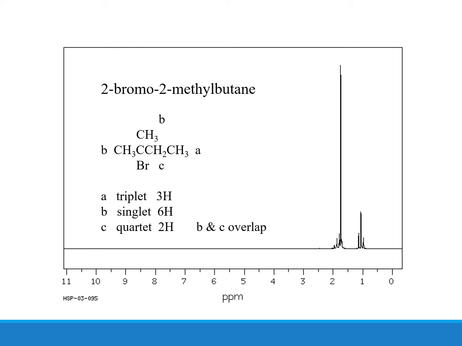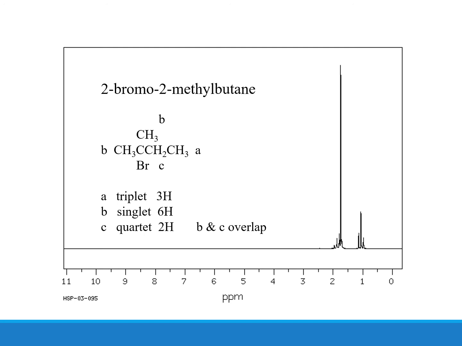So for instance, the first terminal methyl group is neighbored by two hydrogen atoms, and it splits into a triplet, and you shall see a triplet at around 1 in the spectrum.